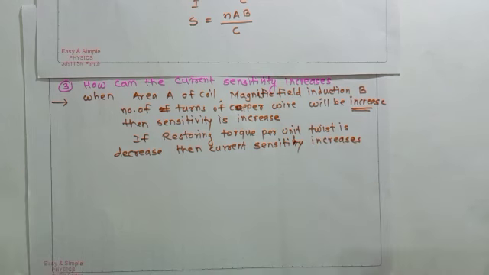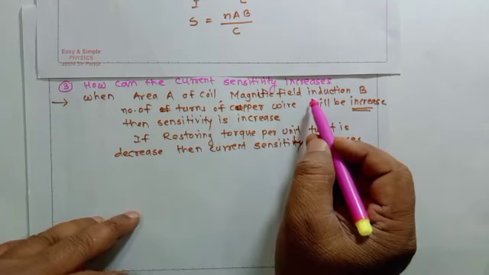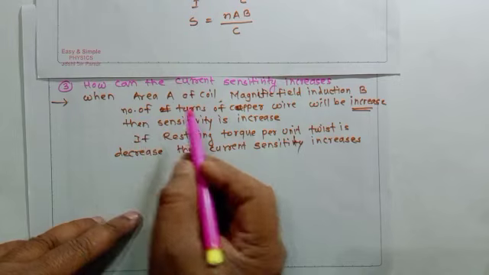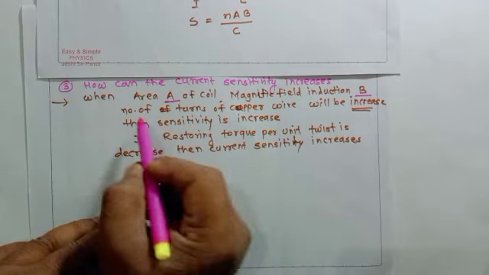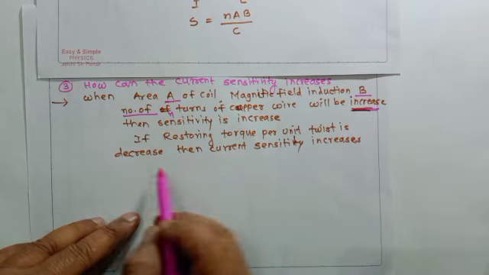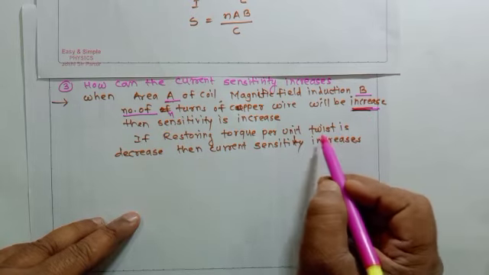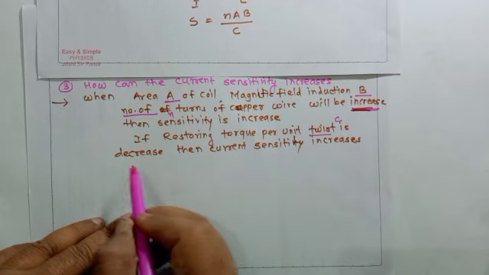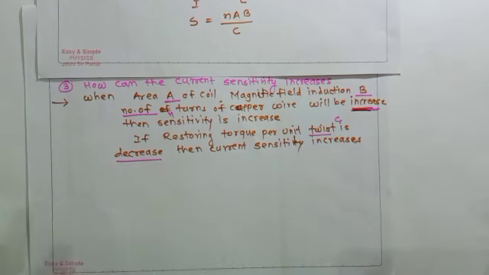Means for increasing the current sensitivity, number of turns, magnetic induction and area, number of turns N, they are increased, and restoring torque per unit twist, meaning C, is decreased. So current sensitivity will increase. This is the experiment to determine the current sensitivity of moving coil galvanometer.